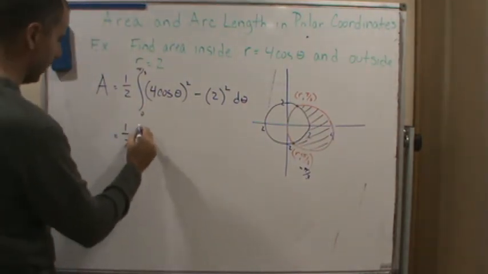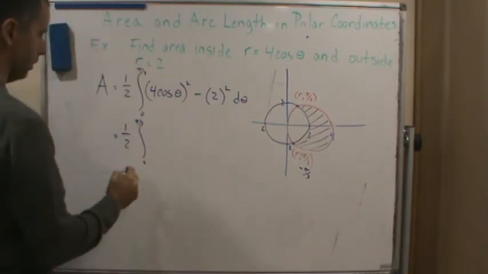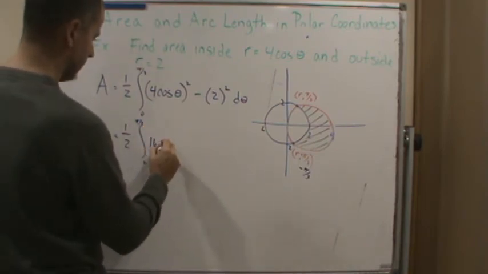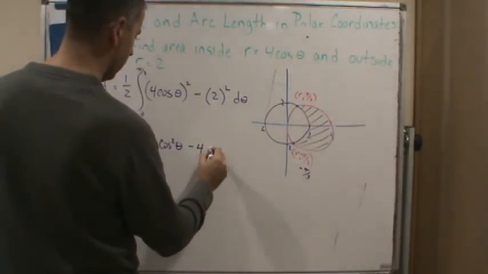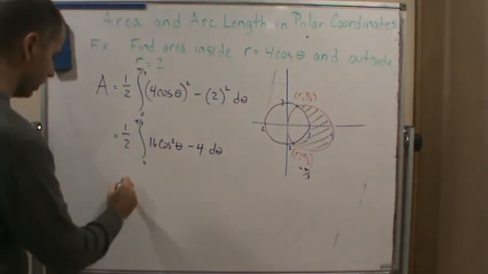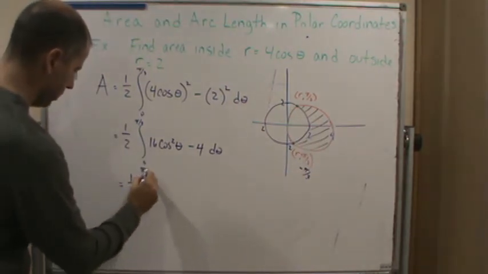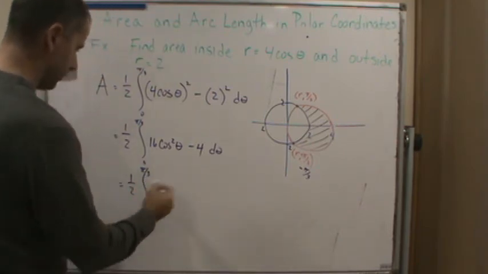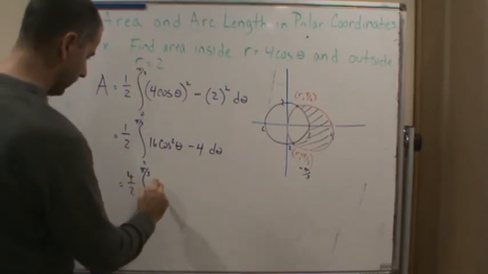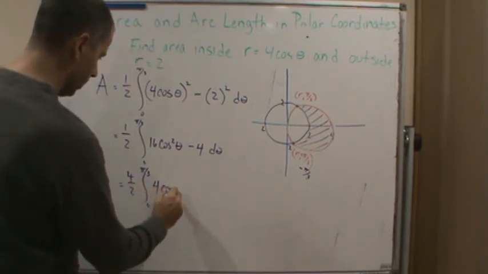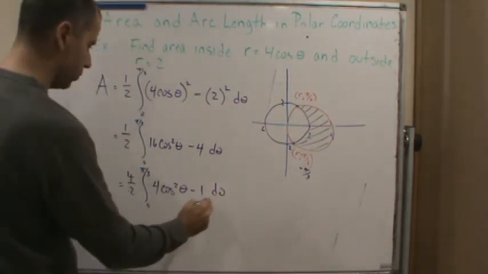So this is going to be 1/2, and this is going to be 16 cosine squared theta minus 4. And so again I can pull out the 4 and this is going to be 4 cosine squared theta minus 1.